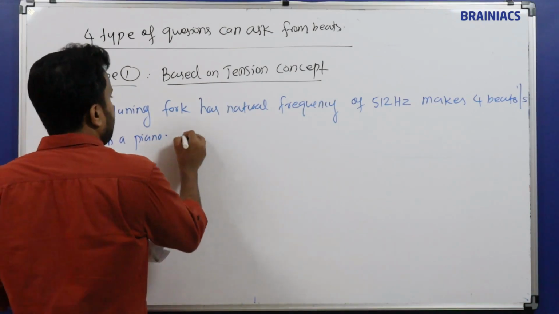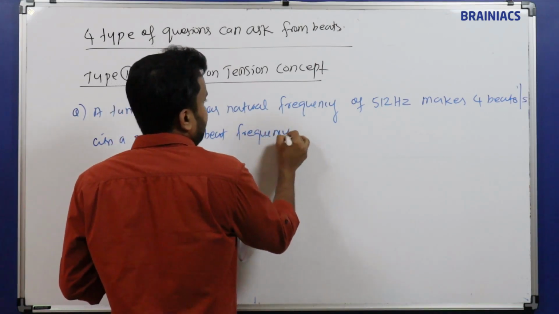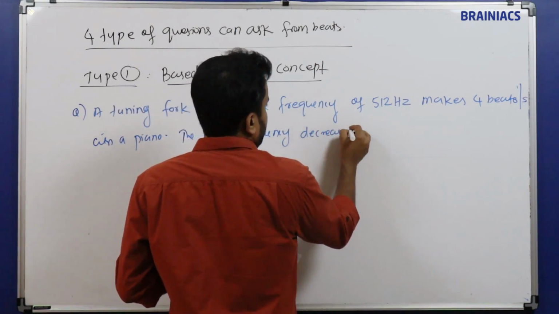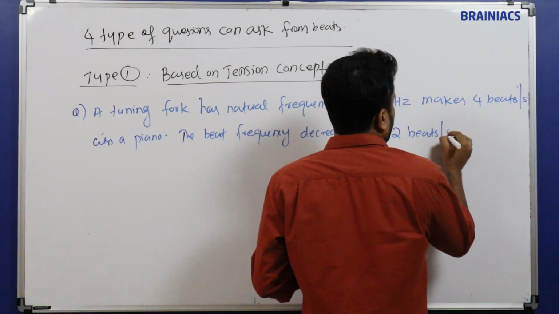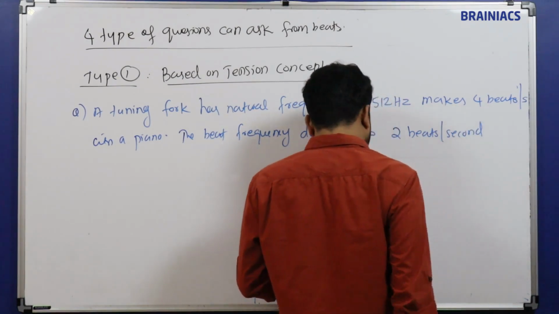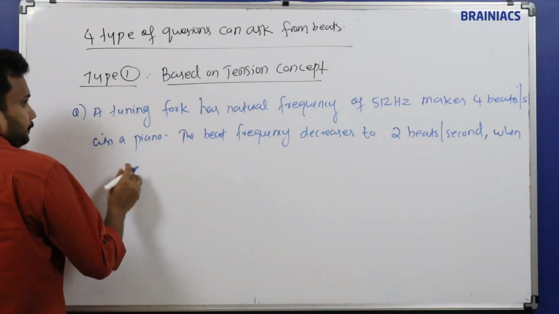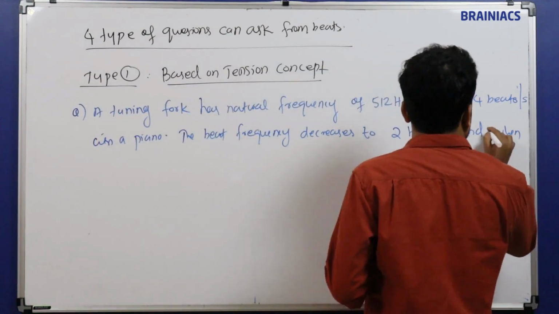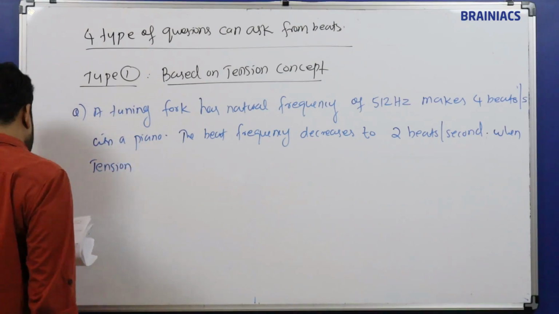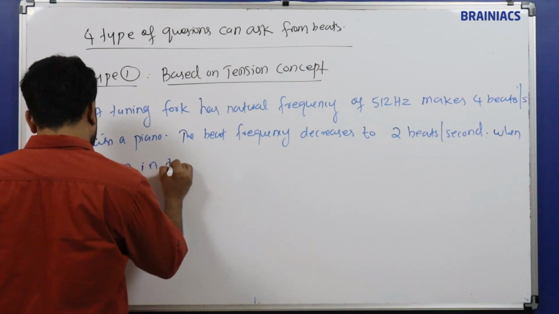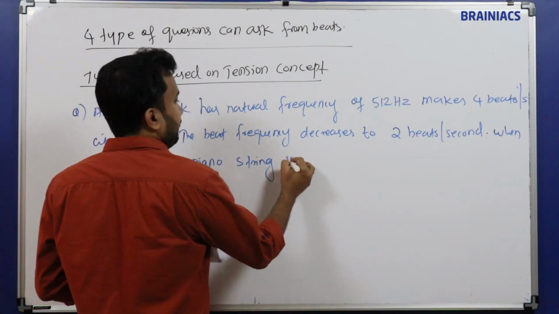The beat frequency decreases to 2 beats per second when tension in the piano string is increased.